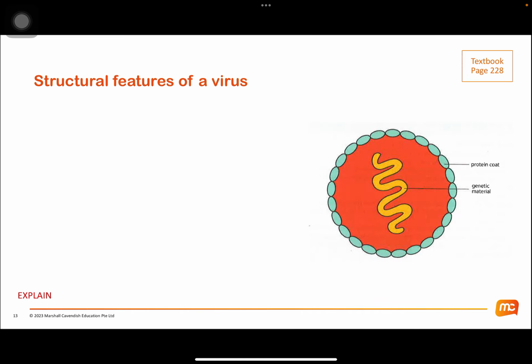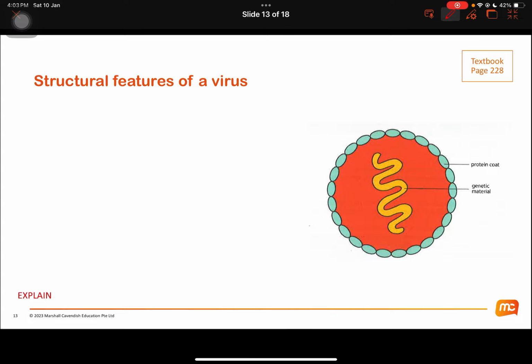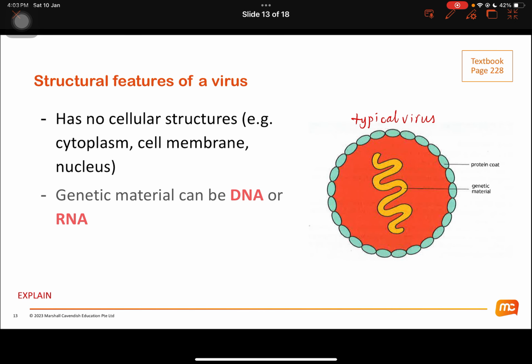So now let's take a look at the unique structural features of a virus. It may look simple, but this is how a typical virus actually looks like. It comes in many shapes and sizes, and some viruses have other features. But these are the two things that can be found in all viruses. One, genetic material.